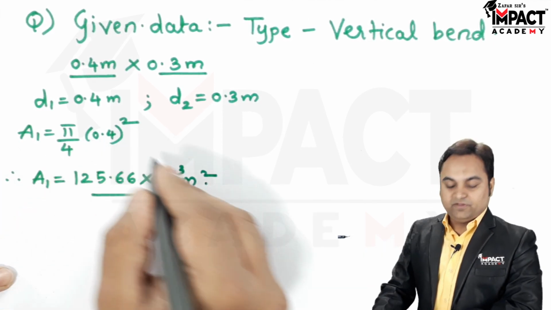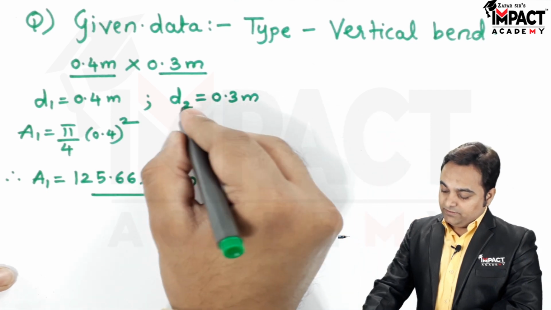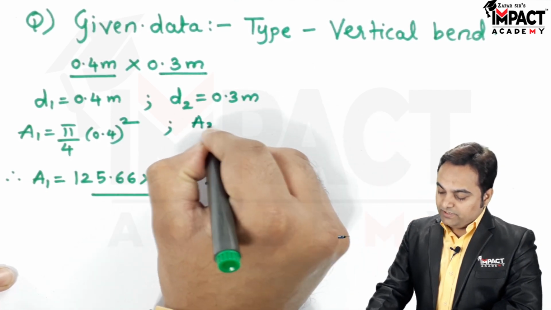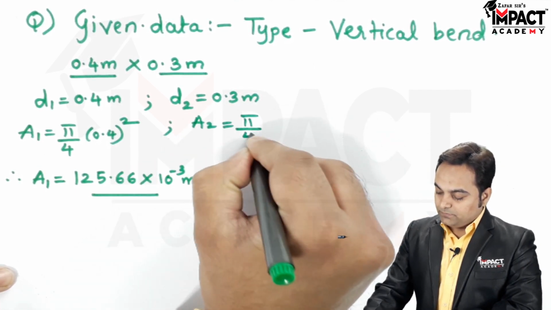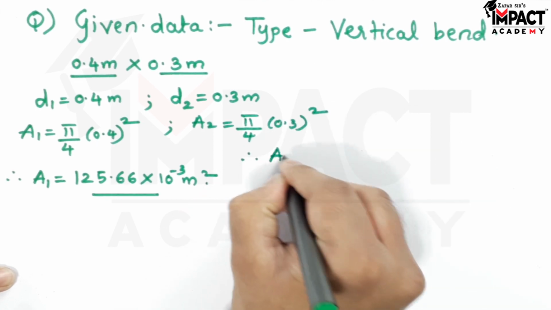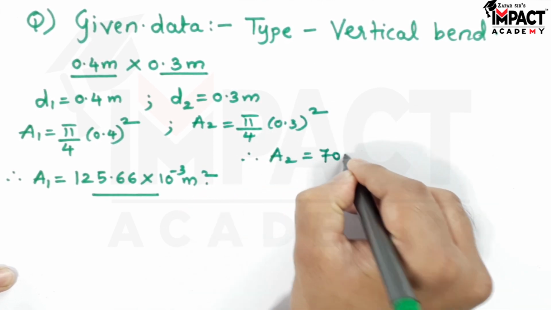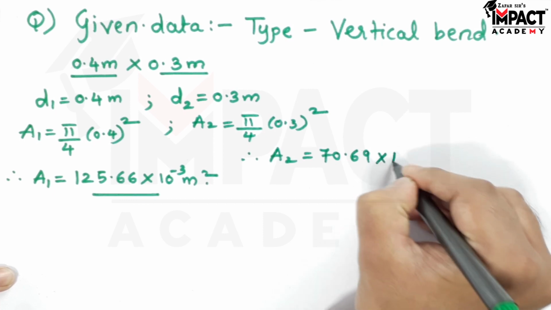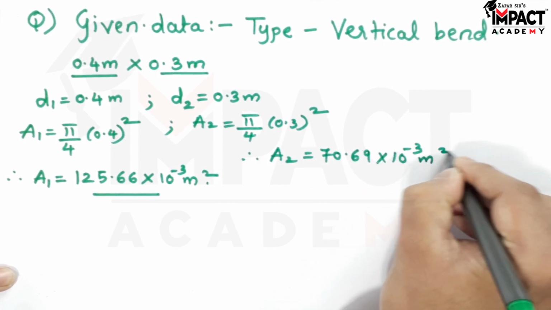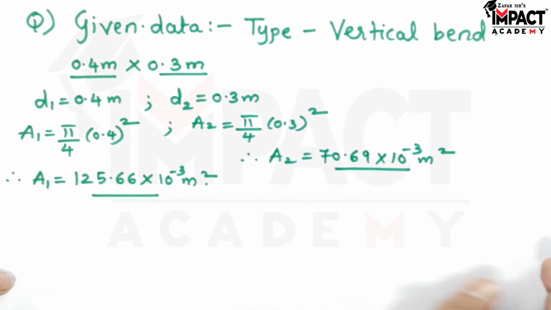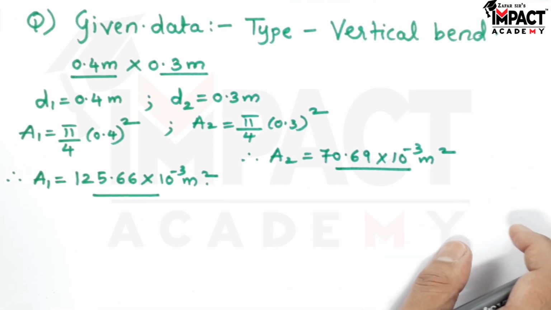And since this is a circular pipe, with D2, I'll calculate A2, and the answer is 70.69 into 10 raised to minus 3 meter square.